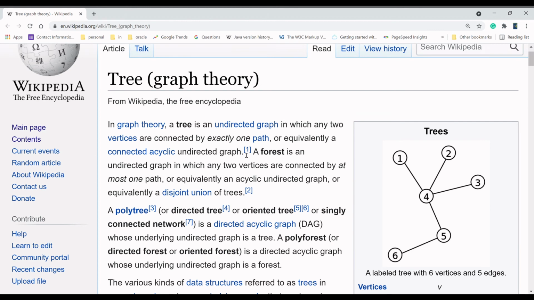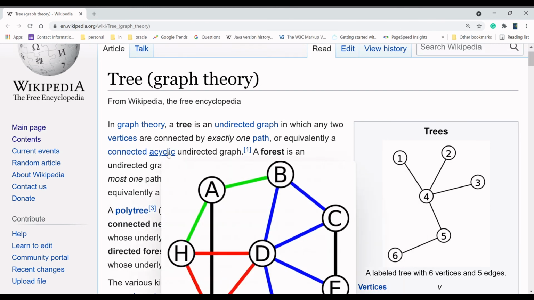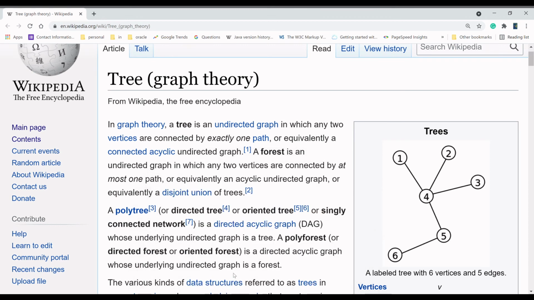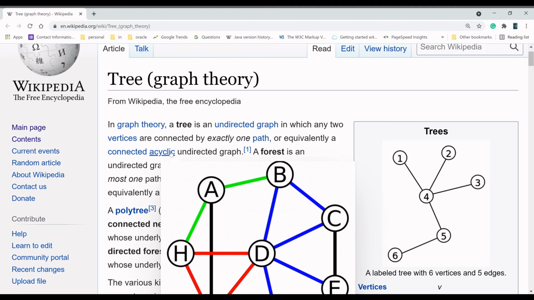Acyclic means there is no cycle: as you can see, if A is connected with B, B with C, and so on, and then A is also connected back through H, that forms a cycle, so that is not acyclic.